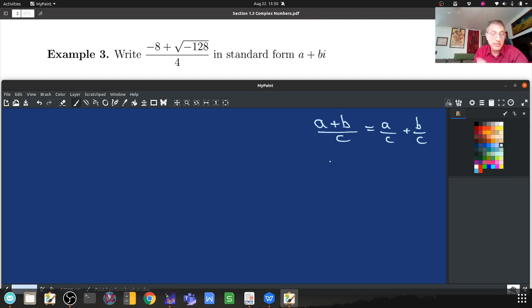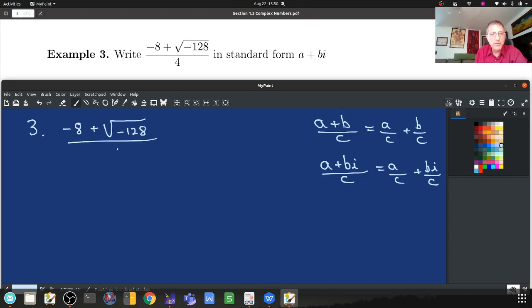It also extends to complex numbers. So (a plus bi) divided by c is equal to a divided by c plus bi divided by c. We're going to use that rule to simplify this. So we have minus 8 plus the square root of minus 128, over 4.